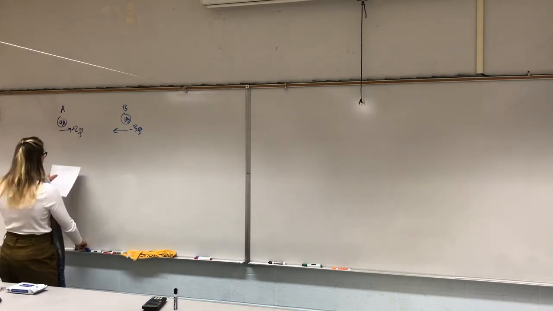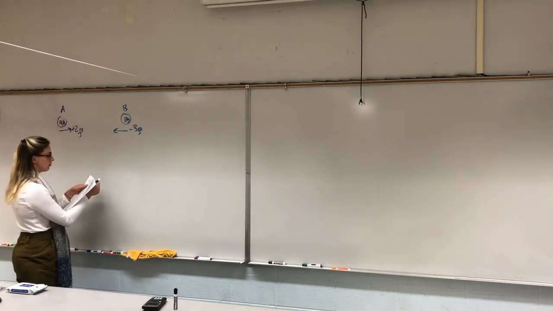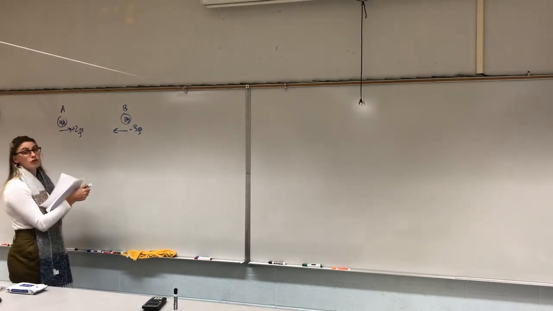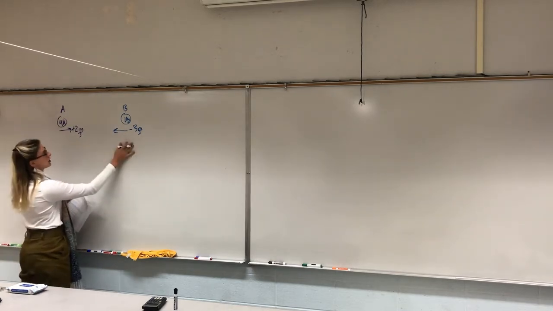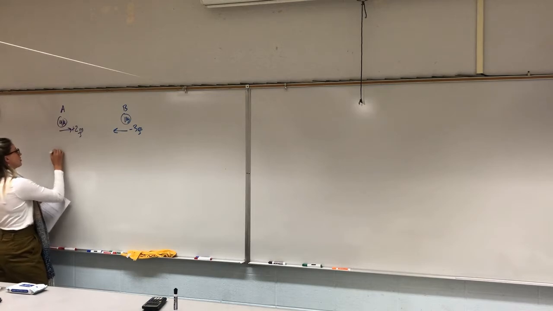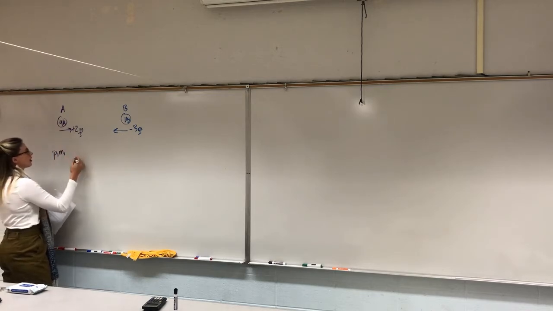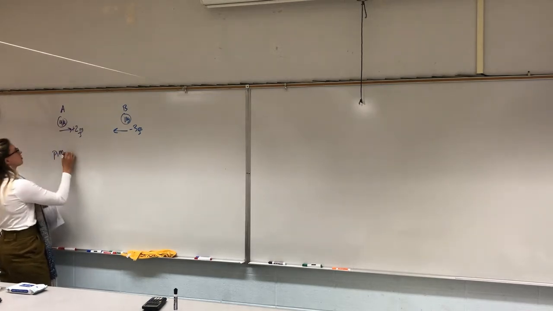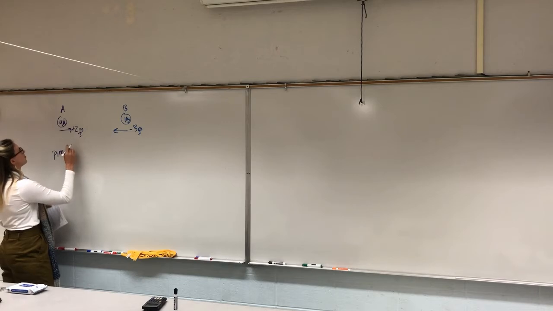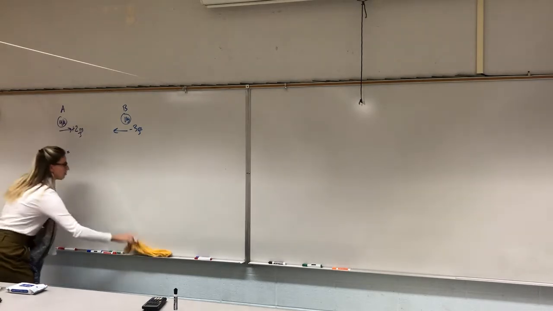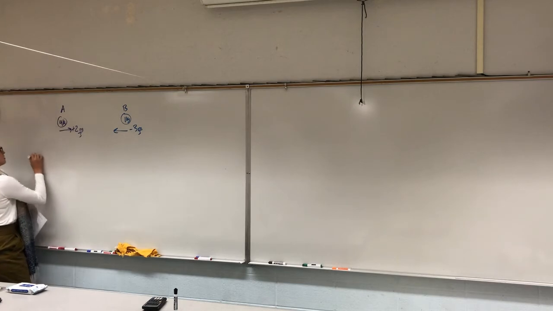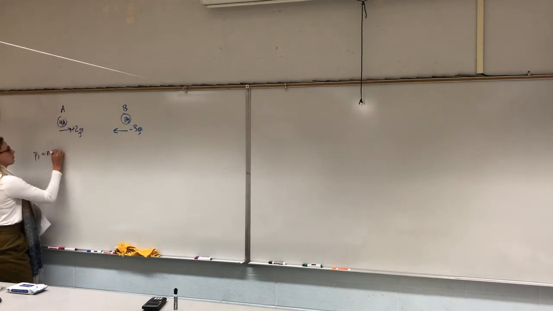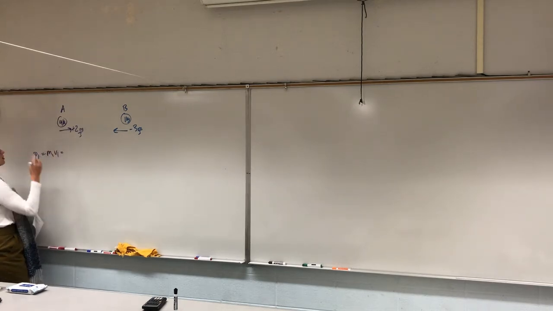Letter A, it says, what is the total momentum before the collision? So we know that the total momentum is the momentum here plus the momentum here. Our momentum one is gonna be mass one times velocity one.